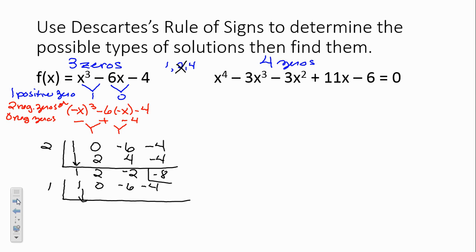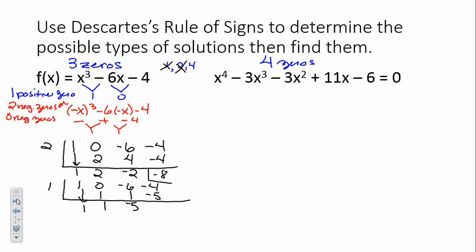Drop the 1. 1 times 1. 1 plus 0. 1 times 1. Negative 6 and 1. Negative 1 times negative 5. Are we getting a 0? Nope, sad face. Okay.